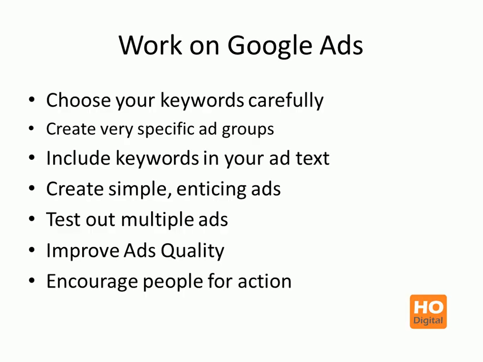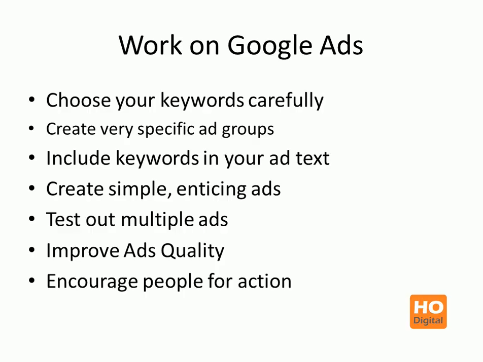People have searched those specific terms, and those terms are very relevant to your business. Your buyers, the people who are looking for your services or your product, are typing those keywords to reach similar competitors like you. Once you are done with keywords, the next part is to define those keywords in ad groups.